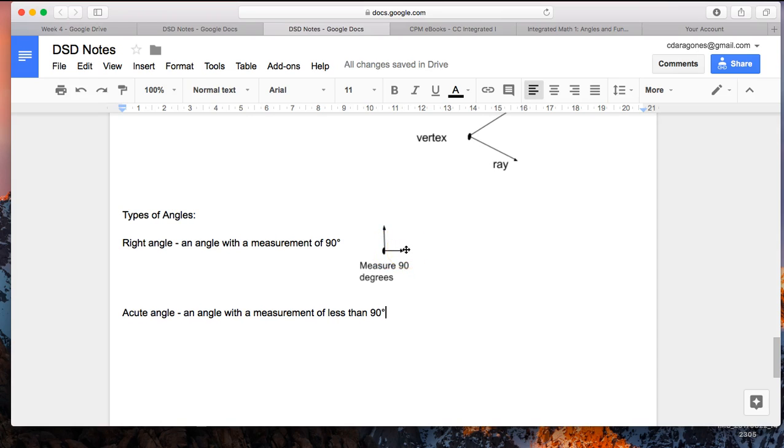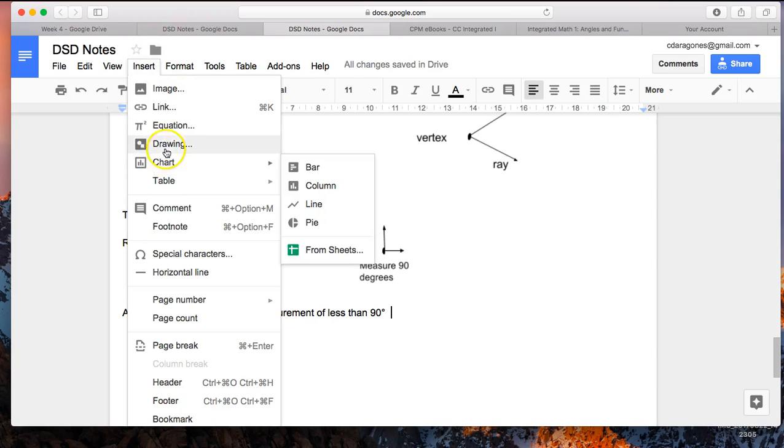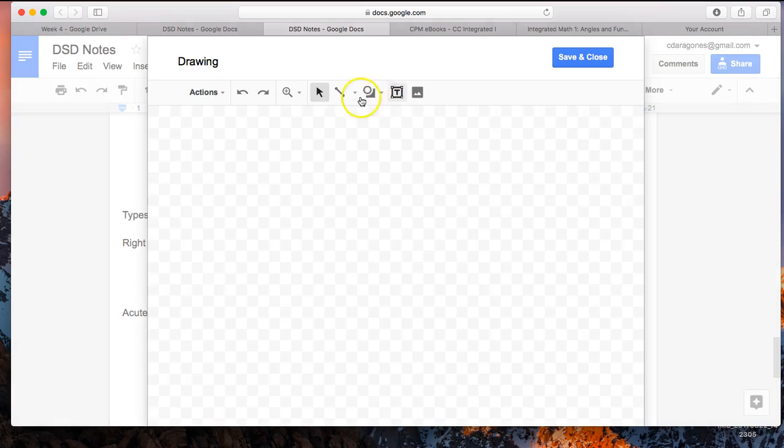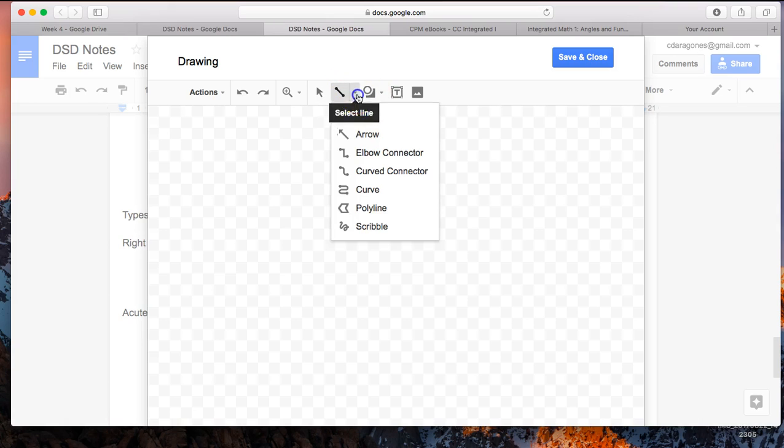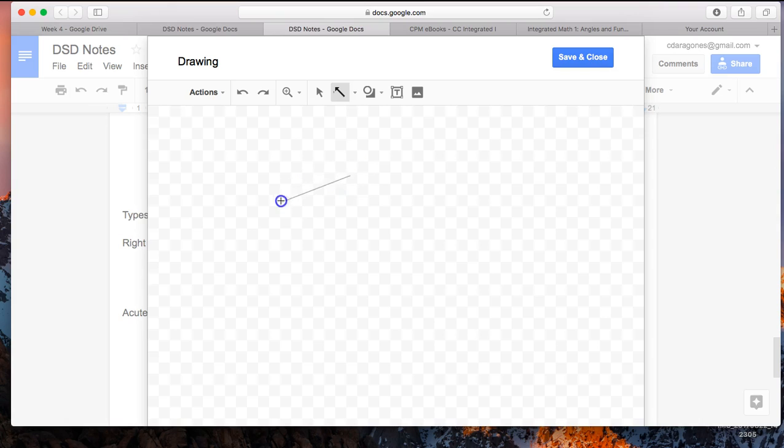If we were to decrease it, if we were to make it smaller than that, so make our angle smaller, we would have an angle that looks kind of like this. So here's an angle. Oops. Let's actually do it this way. And then let's draw another one.